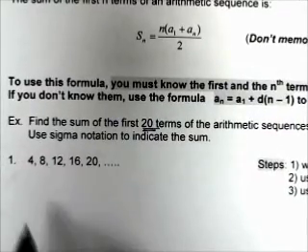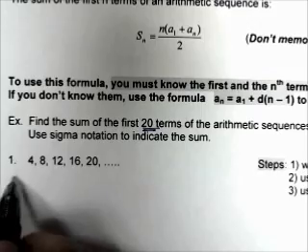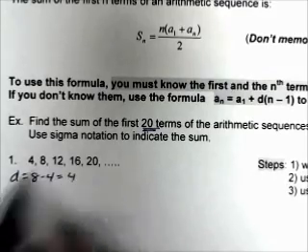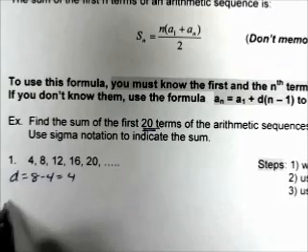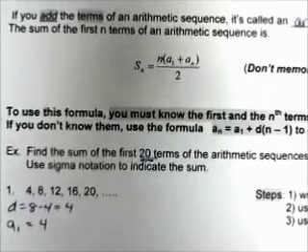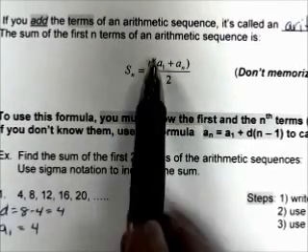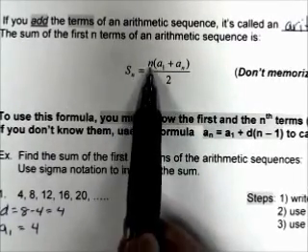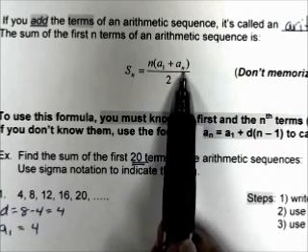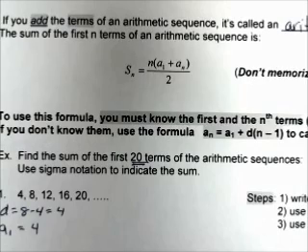Okay, so the d value first. Common difference here, 8 minus 4 is 4, 12 minus 8 is 4. We need a1. a1 is 4. Our n value is 20. We want the sum of the first 20 terms. So now we also need to know what the 20th term is. So we use our formula. We know that n equals 20.